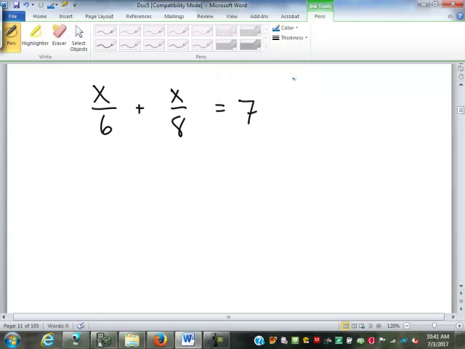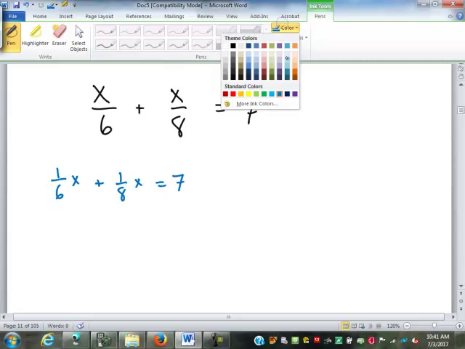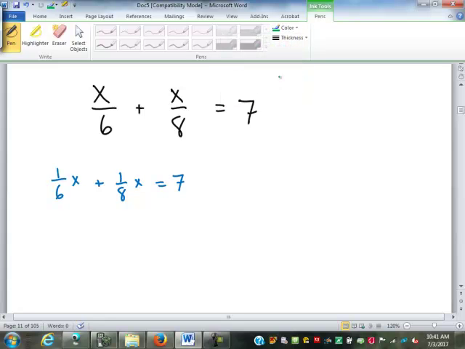x over 6 plus x over 8 equals 7. And one of the ways we solve this was to treat that as 1/6 x, treat this as 1/8 x equals 7, right? So then what do we have to do over here? Well, 1/8 x plus 1/6 x, right? 1/8 plus 1/6 needs a common denominator.